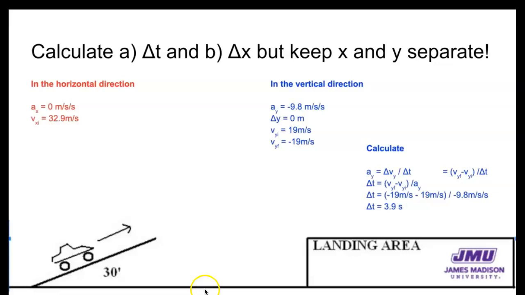Now that I know 3.9 seconds is how long it's going to be in the air, that's the one piece of information that can go from the y to the x. I said we have to keep what's going on in the x and y separate, but the amount of time it's in the air is the one thing that ties the two dimensions together. So now I can say the velocity in the x direction is delta x over delta t. The velocity in the x direction is just the initial velocity, which stays the same the whole time, so I can treat it like it's an average velocity.